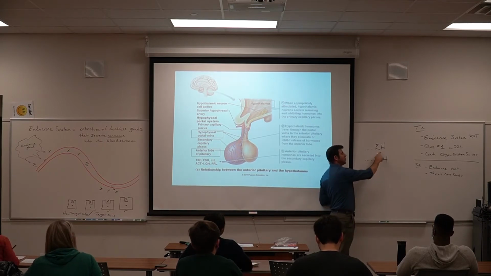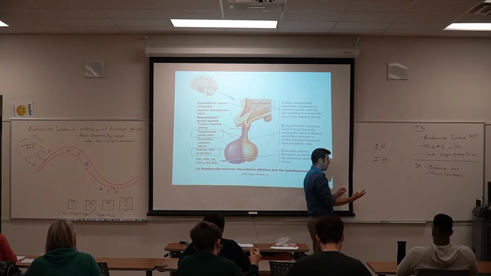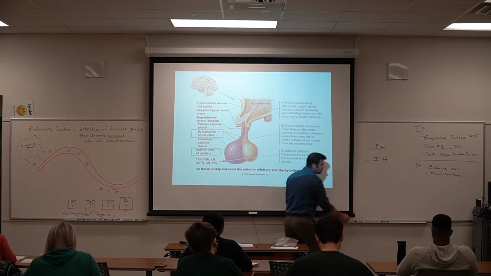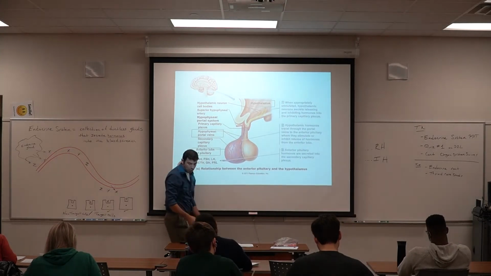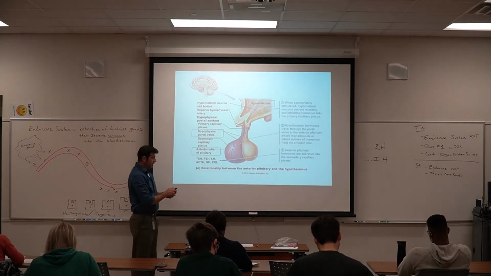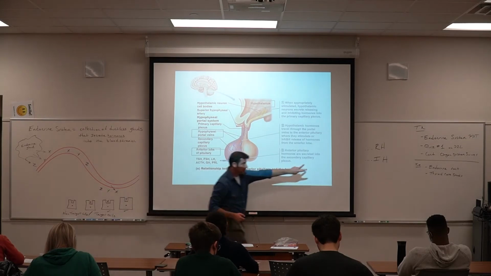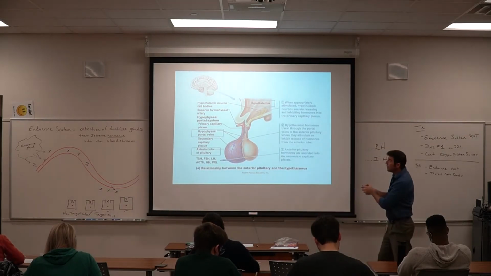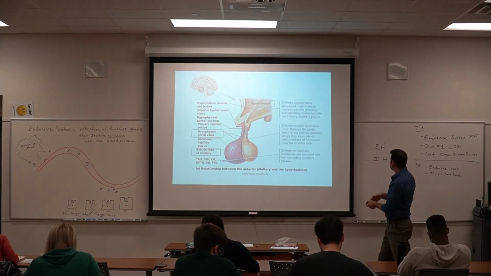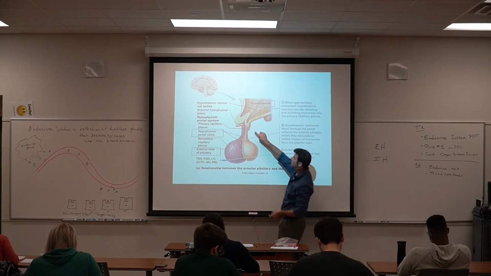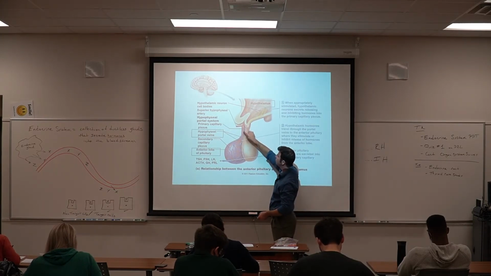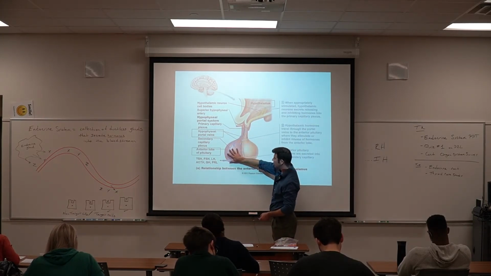The RH stands for releasing hormone, where the IH is going to stand for inhibiting hormone. That means that there are one of two classes of hormones that are going to be coming down from the hypothalamus. Again, hormones are pumped into one blood vessel, they move through the body, and they affect other target cells.